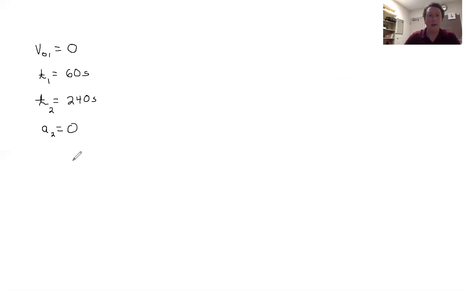Well, one other thing. I know that the total distance, so that would be delta x 1 plus delta x 2, equals 1 kilometer, 1,000 meters. Okay, so I think that pretty much exhausts everything that I know about this scenario.